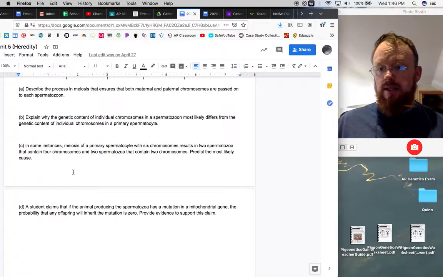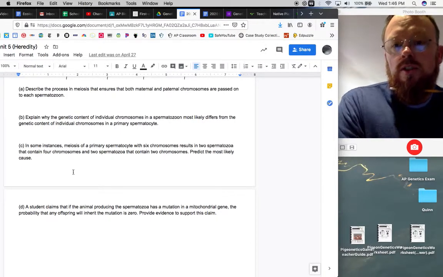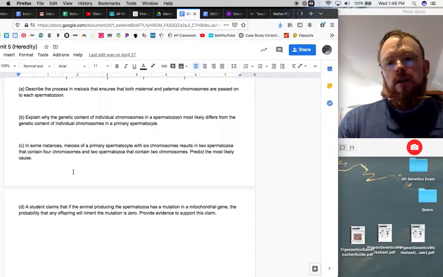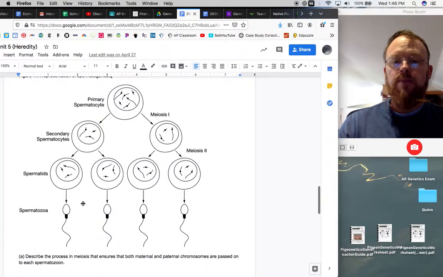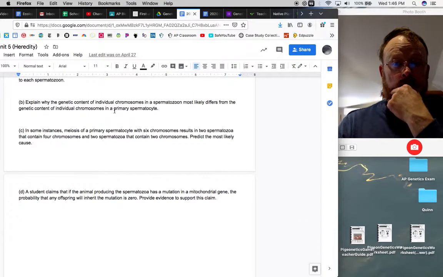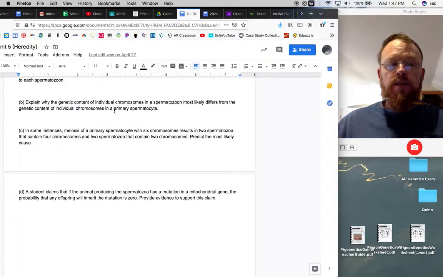For B, it says, explain why the genetic content of individual chromosomes in a spermatozoon most likely differs from the genetic content of individual chromosomes in the primary spermatocyte. So why might the chromosomes here be different from the chromosomes here? And that answer is due to crossing over, which happens during prophase 1, during meiosis 1.